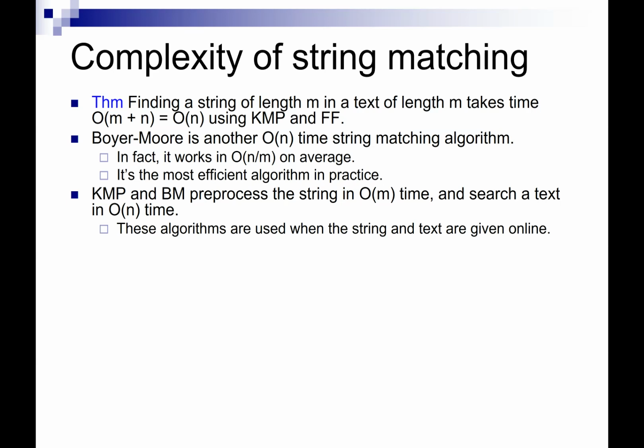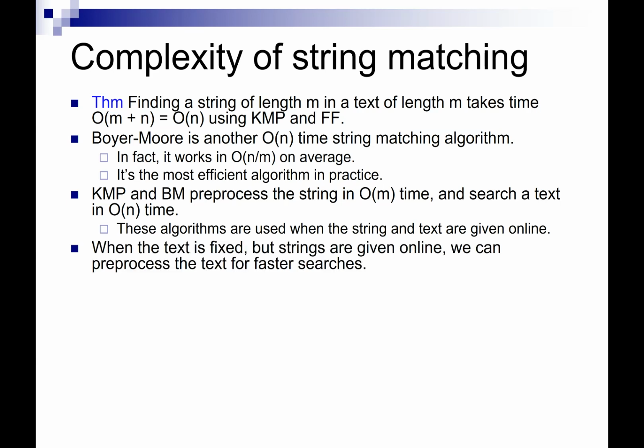Then you would use something like KMP or Boyer-Moore. However, sometimes you're given the text, the big string, ahead of time, and then you're allowed to do some pre-processing on that text. Afterwards you get a bunch of little patterns that you want to search for in the text. In that case, it's actually possible to search faster than order n time.